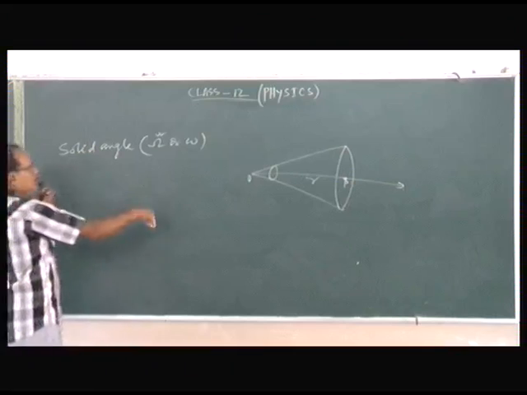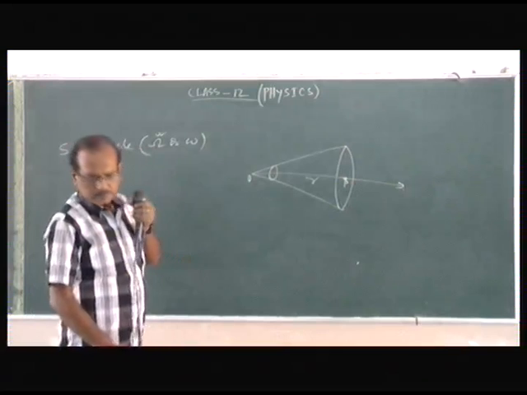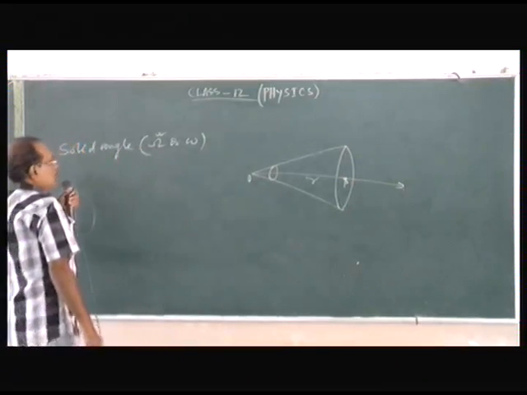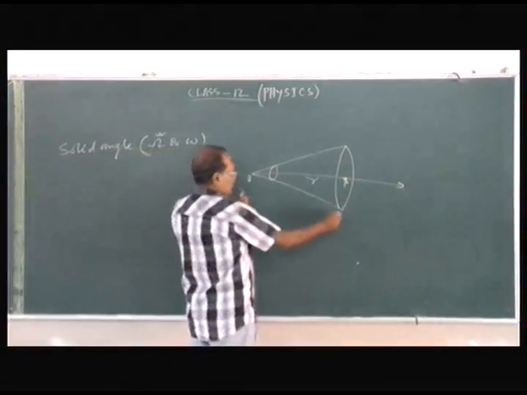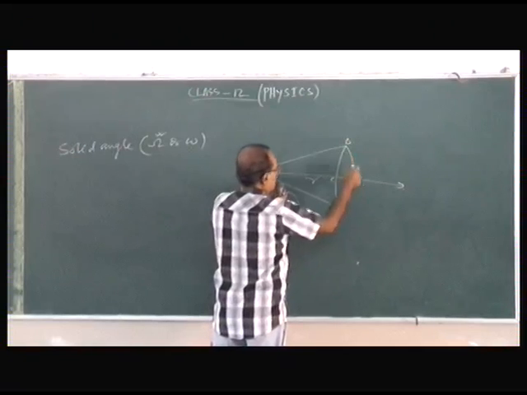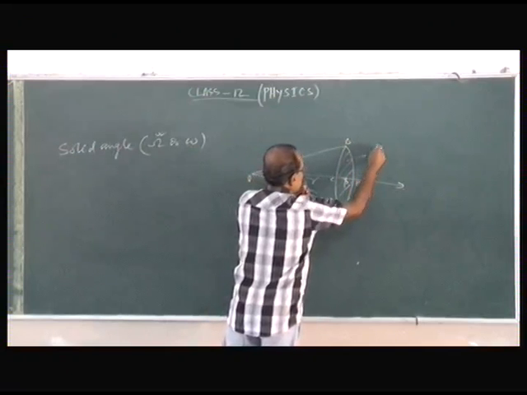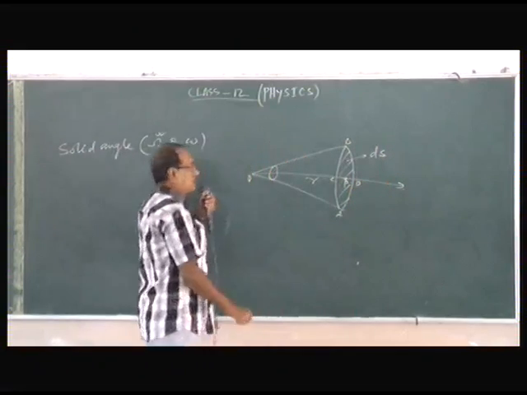In this case, say this is O, A, B, C, D. The area of this surface is say ds.